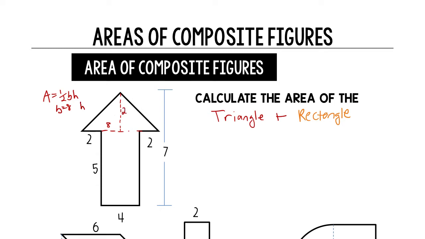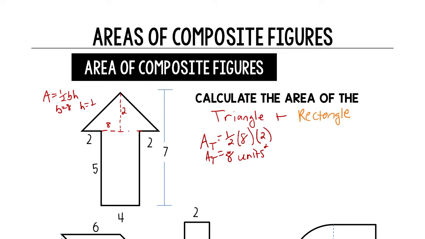So our height is 2. It means the area of the triangle is 1/2 the base of 8 times the height of 2. Half of 8 is 4, and 4 times 2 is 8. So 8 units squared for that triangle.